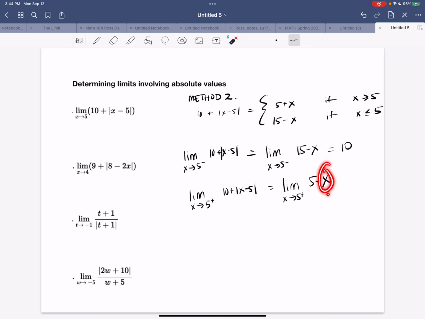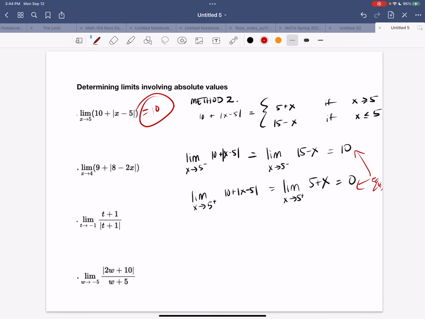And now, as x is going to 5, this is going to 5 plus 5, which will be 10. So again, I get that these are the same. So the limit exists and is equal to 10. So I'll just put that up here.